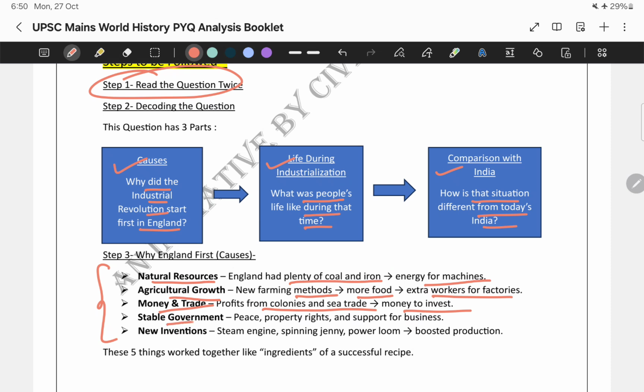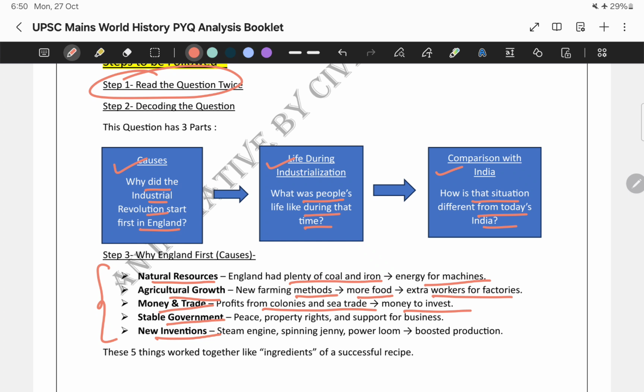Fourthly, a stable government. As we know, if there is a stable government, investment will obviously come. There were no internal wars, and the government protected property rights and patents, which encouraged entrepreneurs. And the most important thing, new innovations.